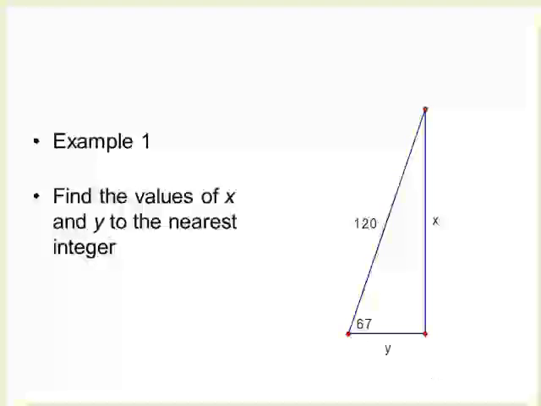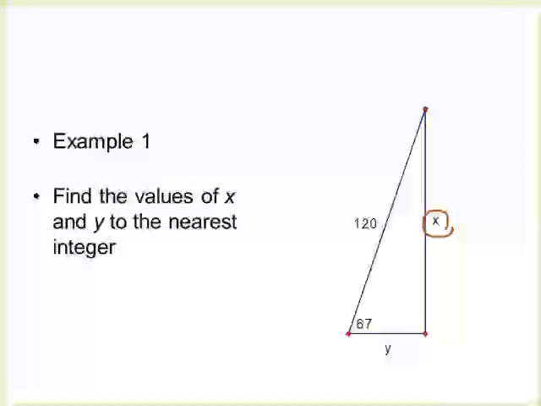In this problem, it says find the values of x and then y to the nearest integer, so no decimals here. We're just going to round them to the nearest whole number. If I'm solving for x first, let's use the 67, since that's the angle they gave us. What kind of a side is x compared to the 67?